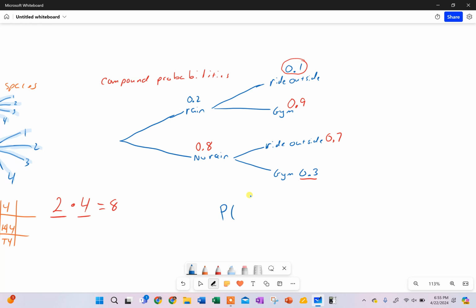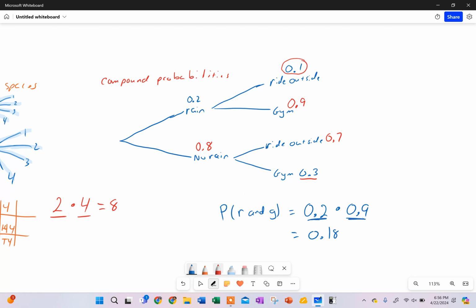We'll say that it's going to rain, and then I go to the gym. Well, what we do is it has to be 0.2 times 0.9, which is 0.18. And the reason why is because, remember, I can do one thing first, followed by another.